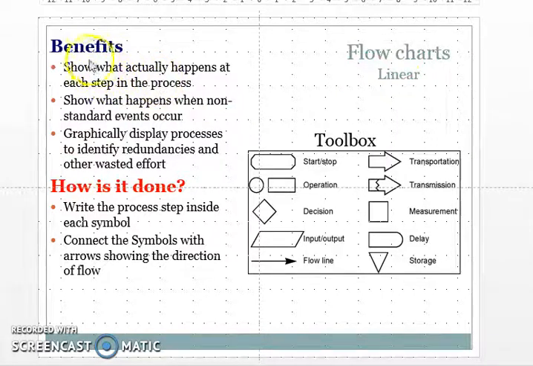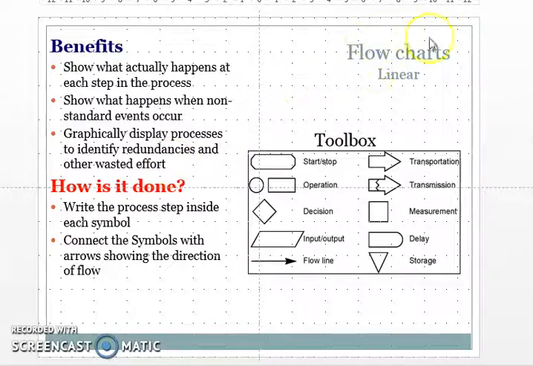The application or benefit is it shows actually what happens at each step in the process. It also shows what happens when non-standard events occur and graphically displays the procedure to identify redundancies and other wasted efforts, so that there should not be wastage of your efforts, time or money.